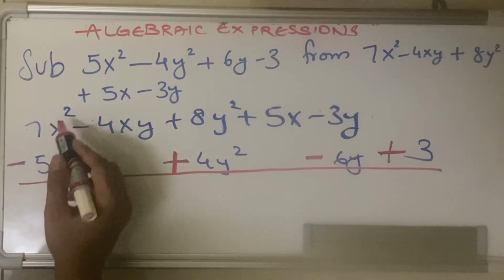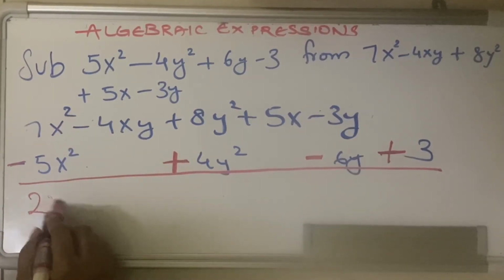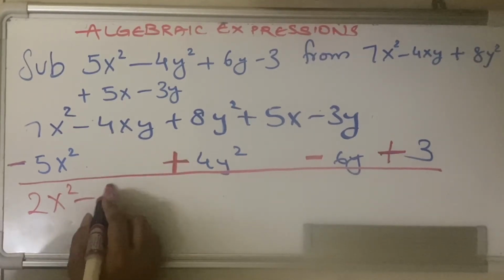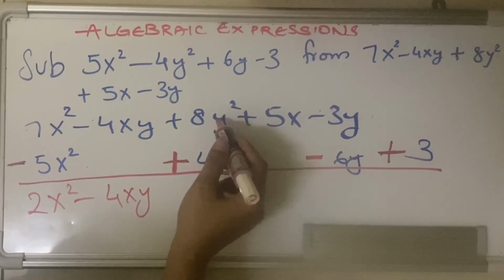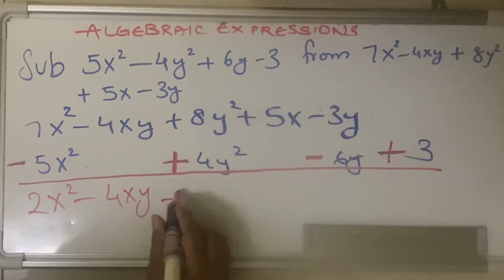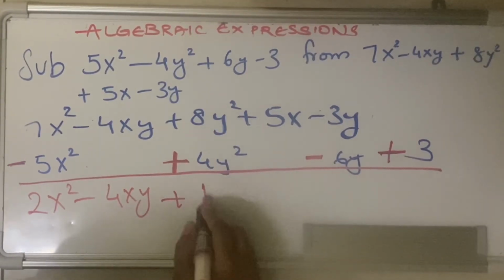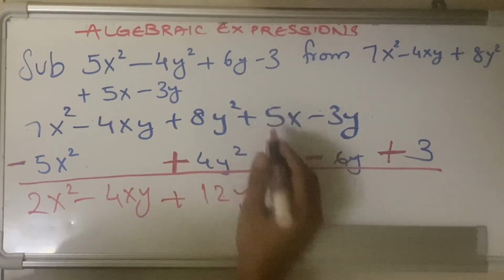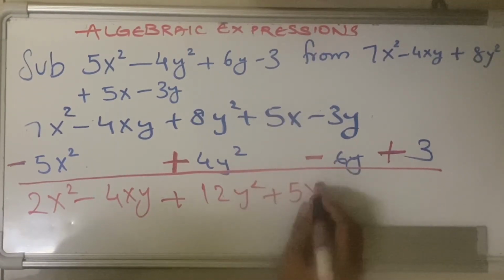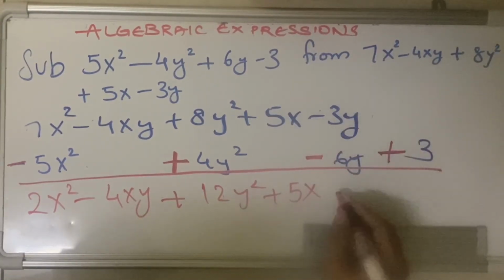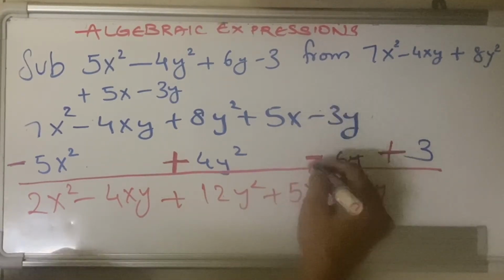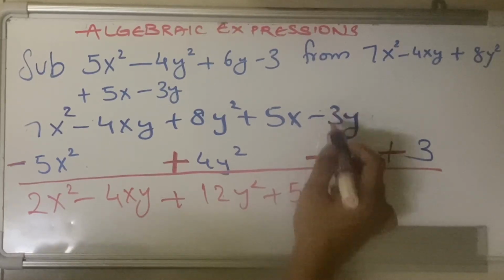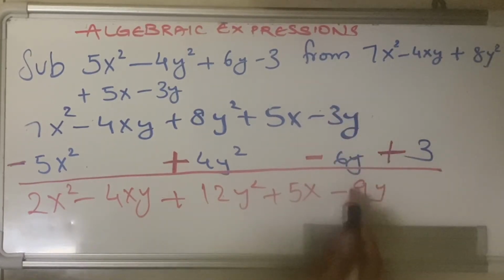Now you have 7x square minus 5x square, which is 2x square, minus 4xy, we will write it as such because there is nothing to do with it, plus 8y square plus 4y square will give me 12y square, plus 5x, you will just copy paste, minus 3y minus 6y will be minus 9y, because same sign means you have to add them, and when you add 6 and 3, you get 9, biggest number sign goes to the answer.